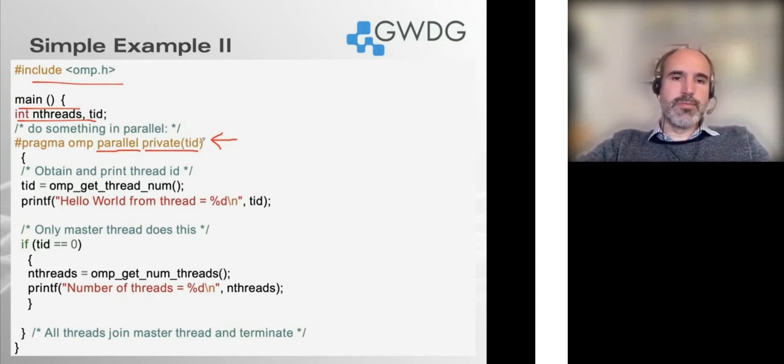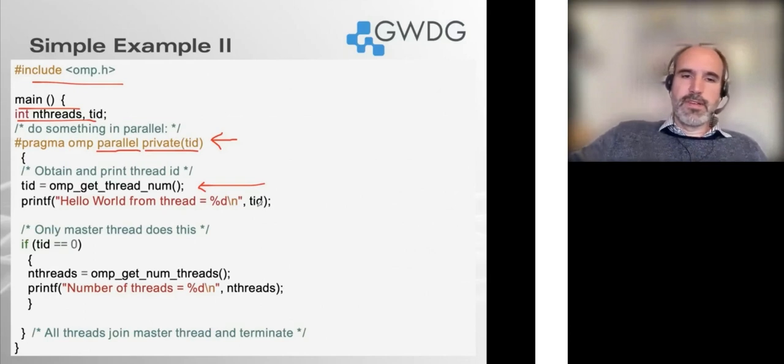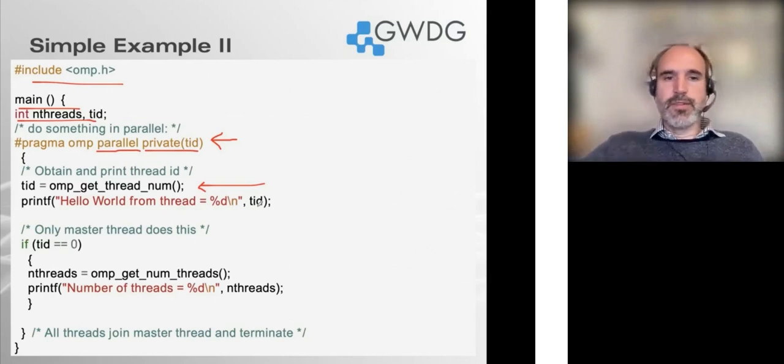Depends on the system, environment variable, and so on. Nevertheless, the code works. Then in this line, we ask via the C library the current thread ID. So omp_get_thread_num returns the number of each thread.